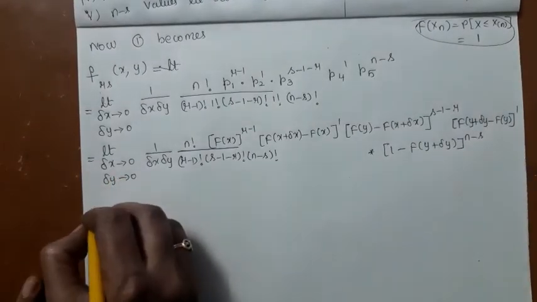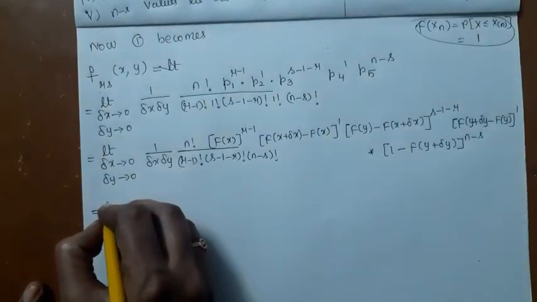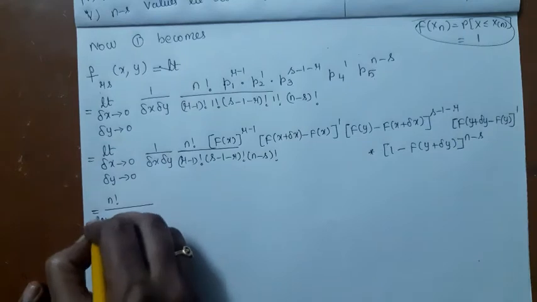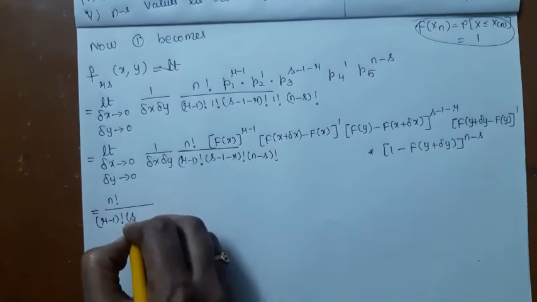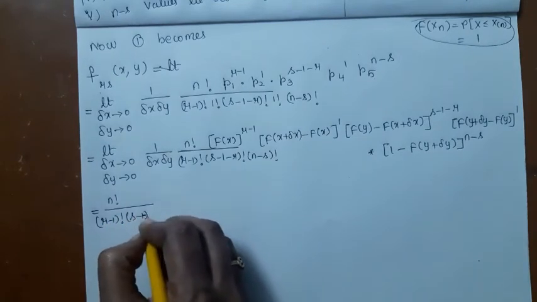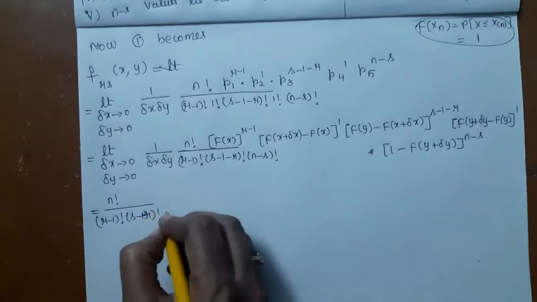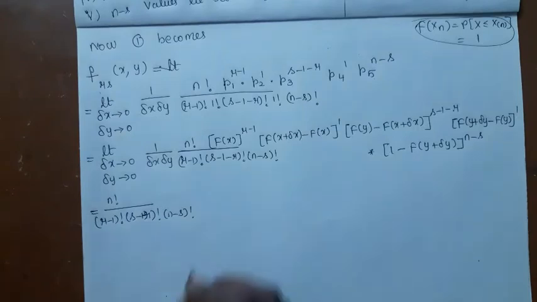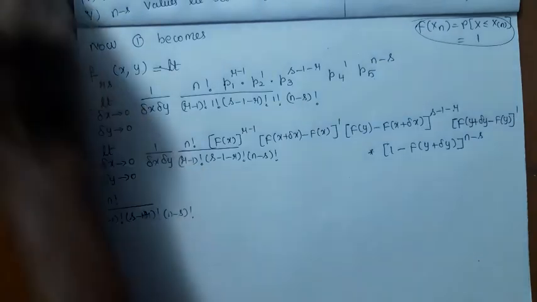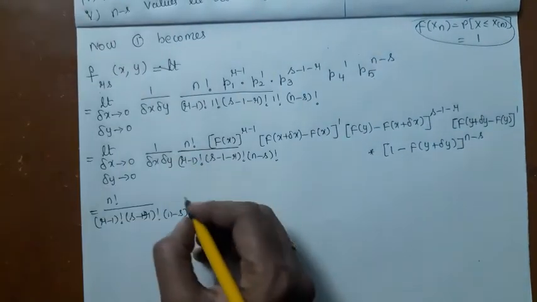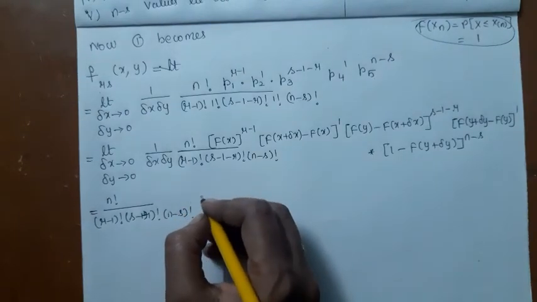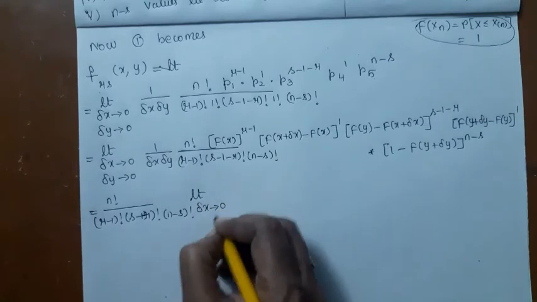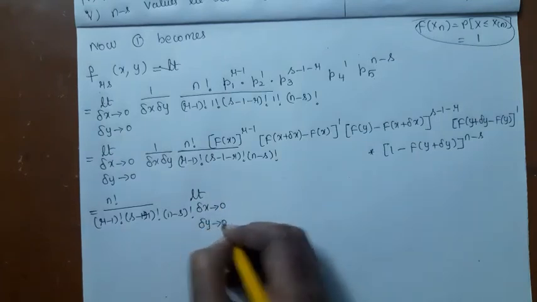Okay. Now I am going to make use of this limit, right? And to facilitate it, see how I am writing. I am bringing all the constants outside: n factorial by (r minus 1) factorial (s minus 1 minus r) factorial into (n minus s) factorial. Everything comes out. Now, see, I am going to apply the limits. Limit delta x tends to 0, delta y tends to 0.